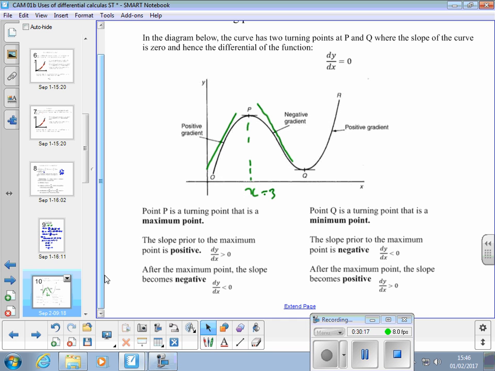If you look at Q, the slope is negative before and positive after. So again, if we find this point, where x is equal to, say, 6, we then look either side of 6 and find negative, positive. We know we've got a minimum.